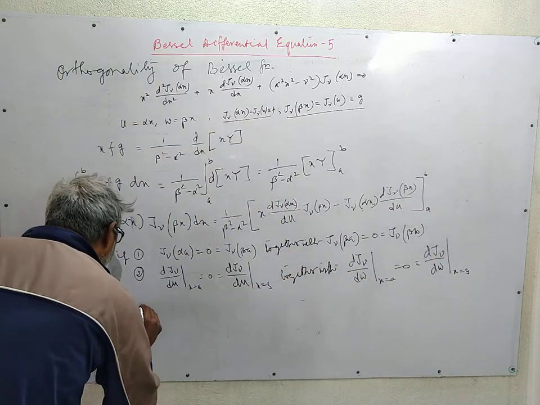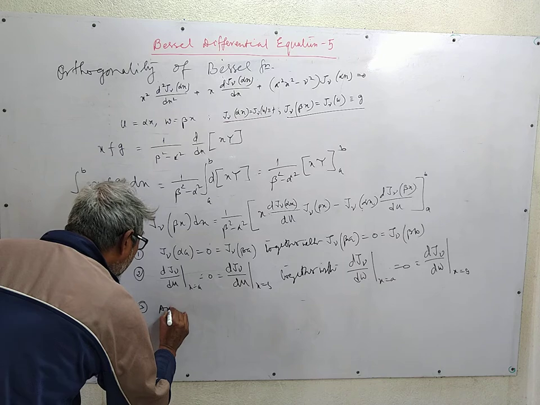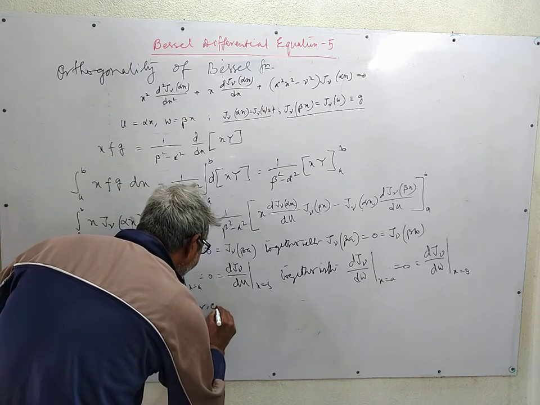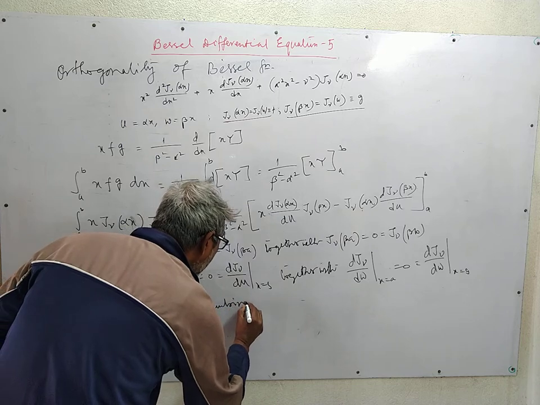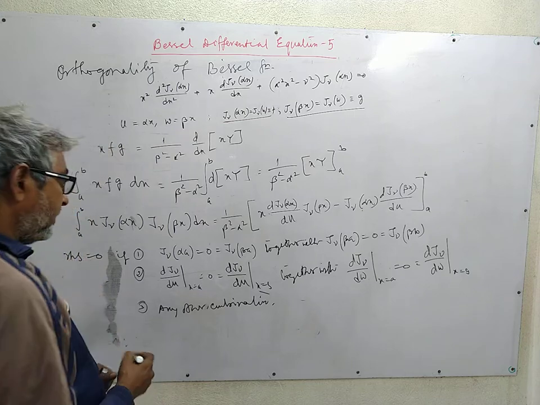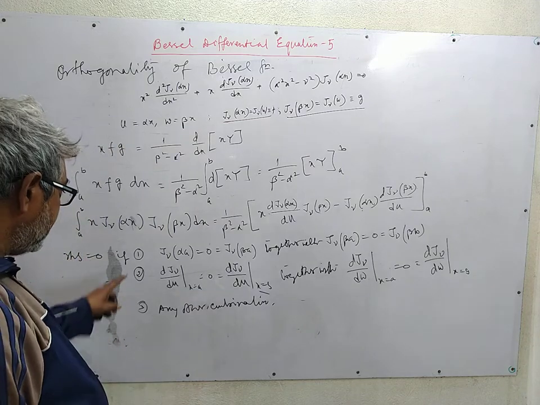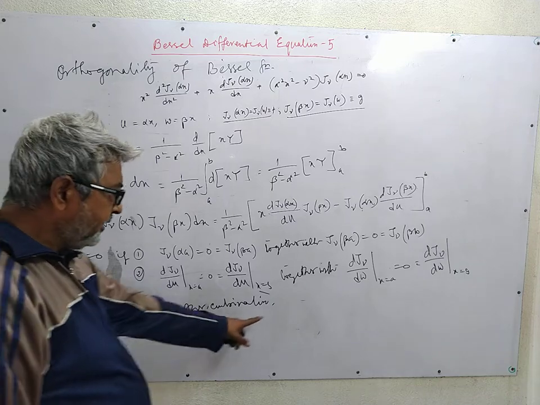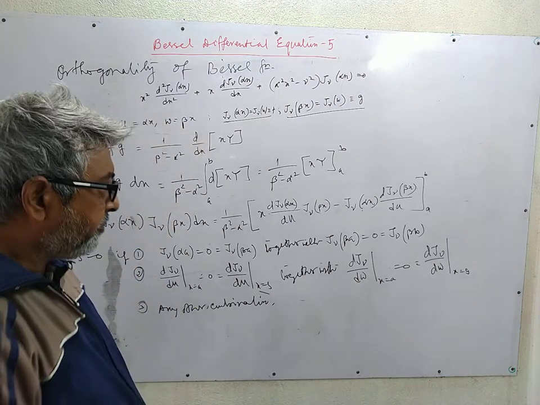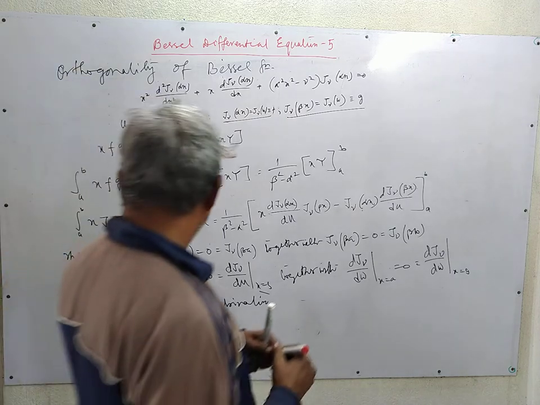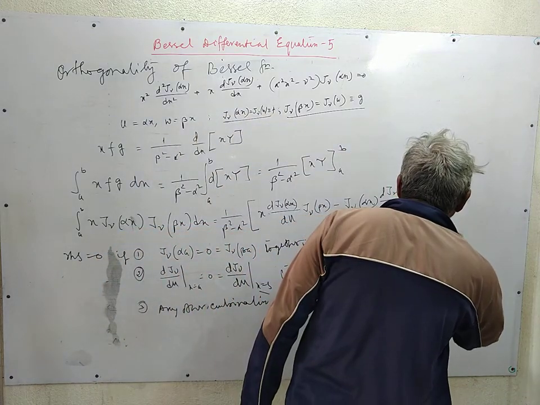There is a third option, any other combinations. So the right hand side of this equation can be made equal to 0 if this condition is satisfied, or this condition is satisfied, or any other complicated relation. But the popular choice for this is the first one. So one chooses the first one as the popular choice.